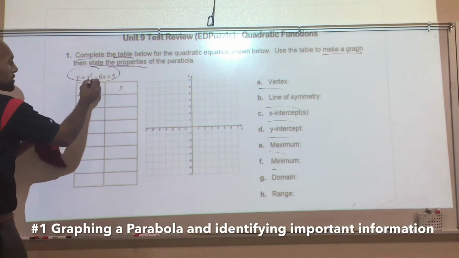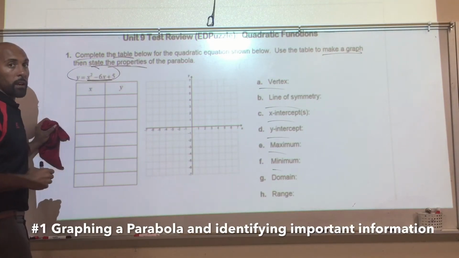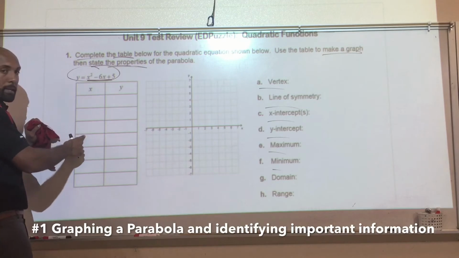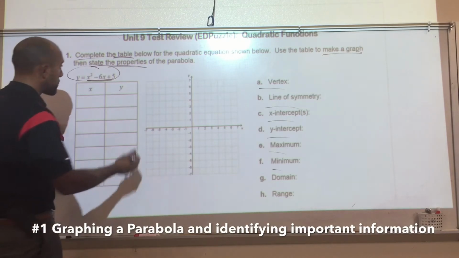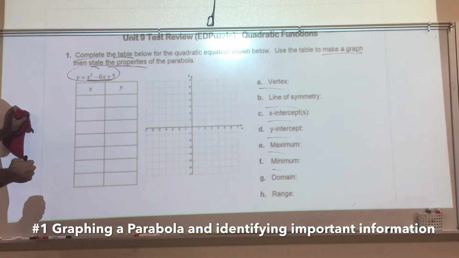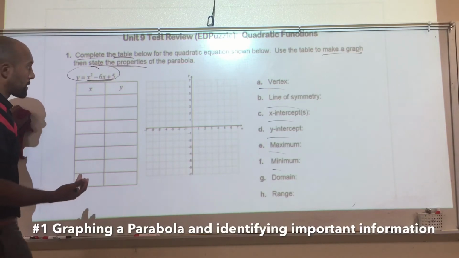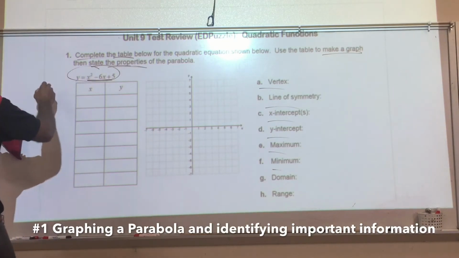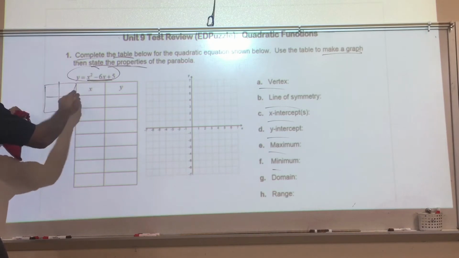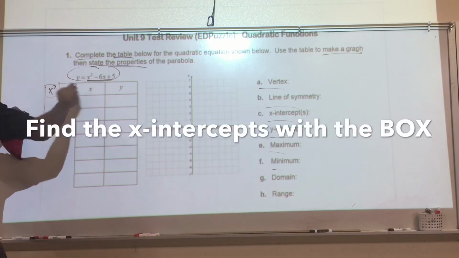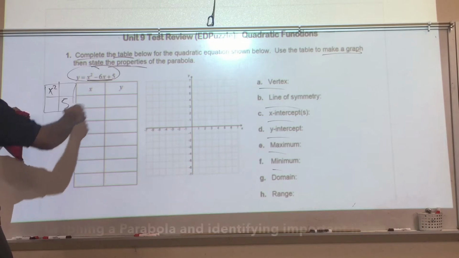All right, so what I want to do is look at the equation, and I want to know where's the middle of my table. Okay, where do I set it? So what I'm going to do is figure out what the x-intercepts are, but I'm going to do that by doing the box. So if I do the box here, x squared in the first box, 5 in the last box, okay?